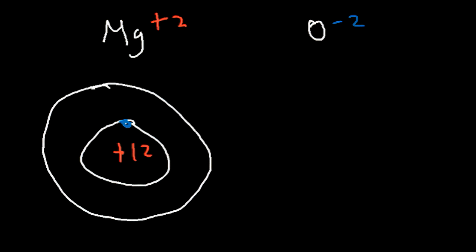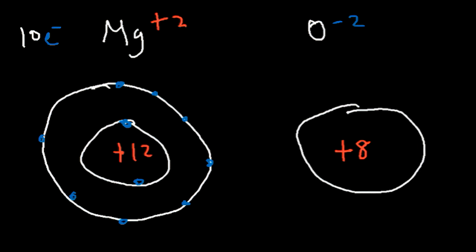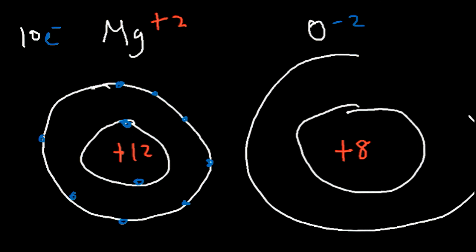The first shell contains 2, and the second shell has 8. Now oxide also contains 10 electrons, but the nuclear charge is 8, since oxygen only has 8 protons in its nucleus. So the oxide ion is going to be significantly bigger than the magnesium ion.